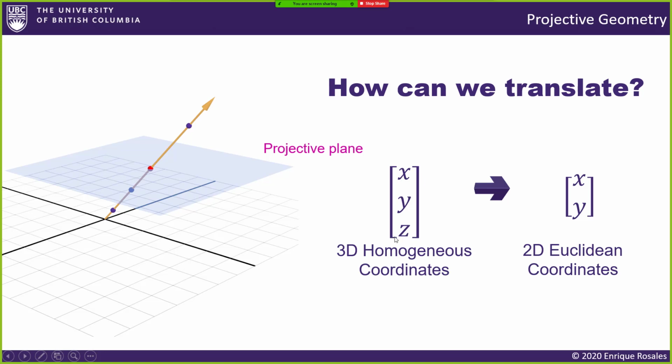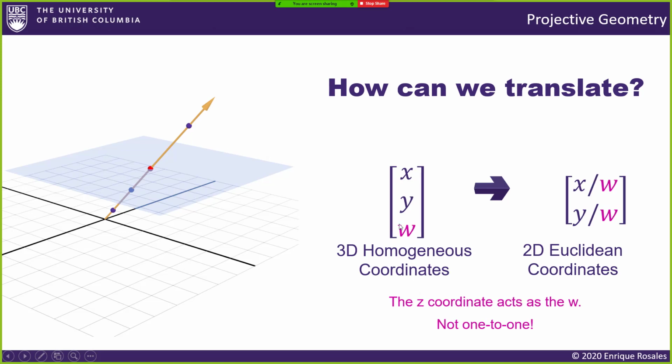From all the coordinates of my homogeneous space, we take the last coordinate, in this case z, and z now acts as w. We convert by taking x, y divided by w, or in this case divided by the z value, because z is acting as a w.